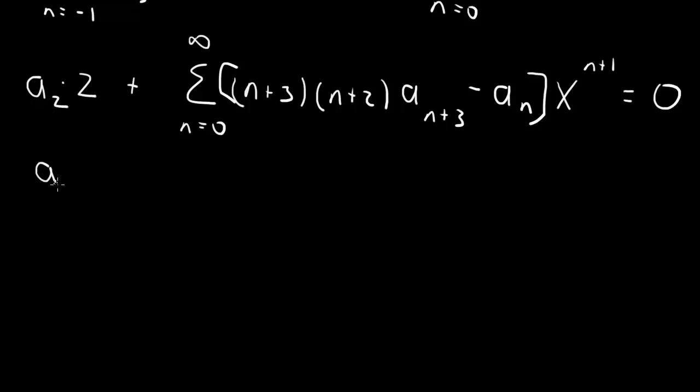So that means a sub 2 has to be 0. And then this coefficient has to be 0. But we can solve this coefficient for a sub n plus 3. So that gives us a sub n plus 3 equals a sub n divided by n plus 3 times n plus 2.